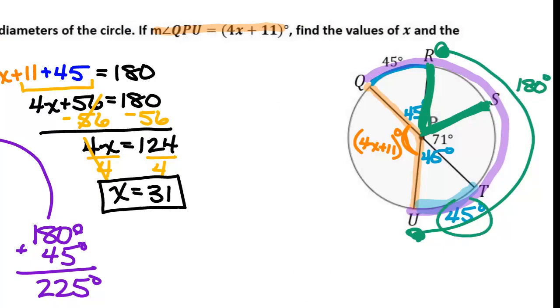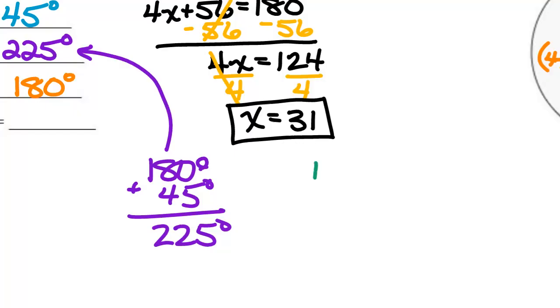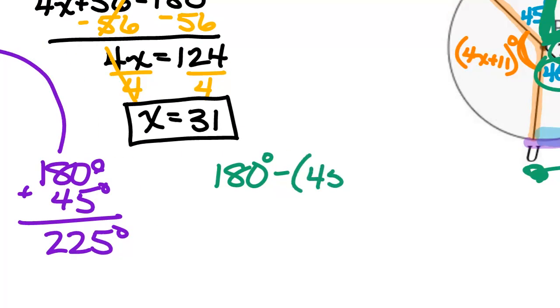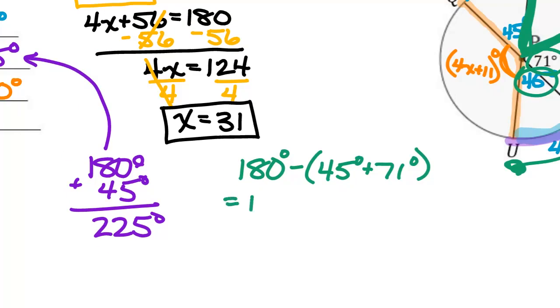And I know this much is 45. This much is 71, so I have to do 180 minus 45 plus 71. That would be 180 minus what?